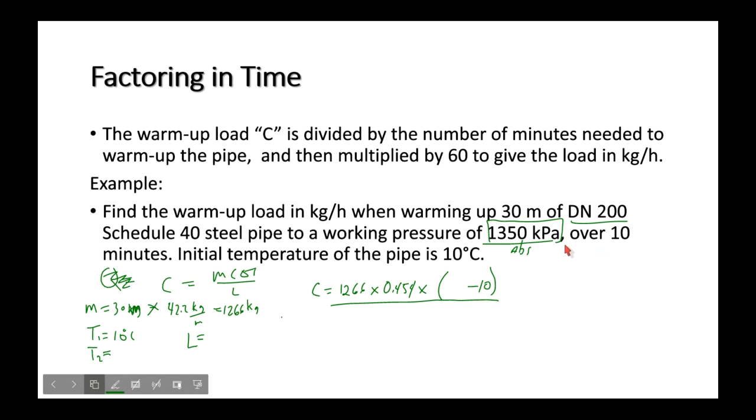Just give me a moment. T2, anybody? Okay, T will be 193.355.